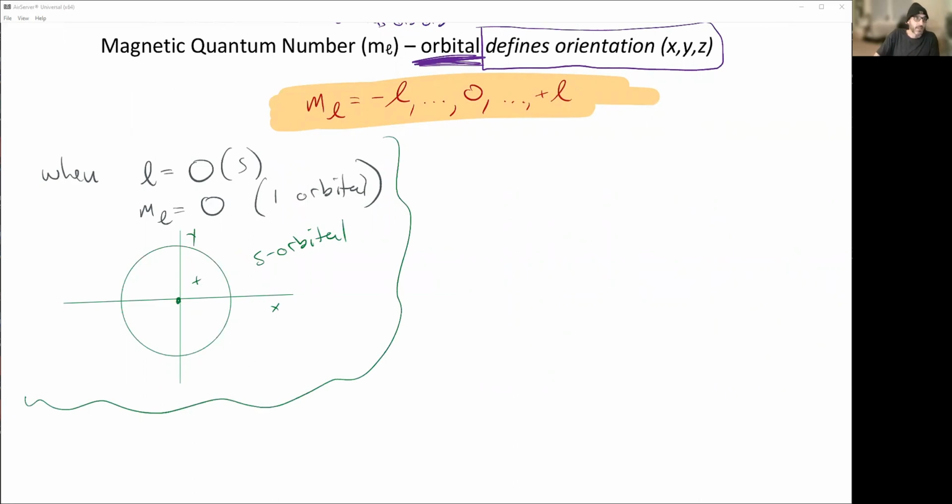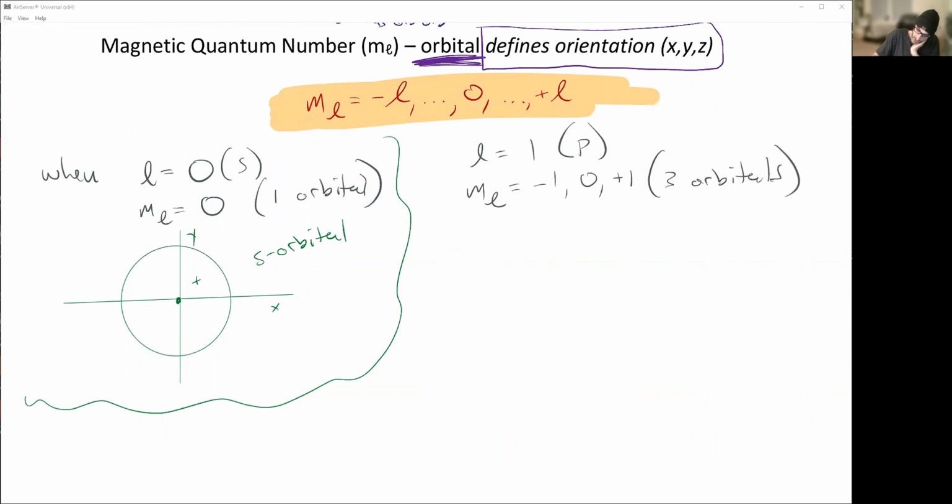Okay, next up. If L is equal to 1, m sub L can go from -1, 0, and +1. So in a P subshell, we can have 3 orbitals.